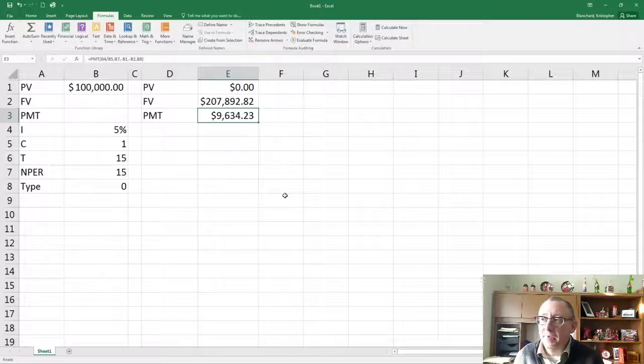Basically, my retirement that I'm going to get from this is going to be $9,634 per year during that time. So this would be a way to actually decide how much money you need when you retire. So that would tell you what that payment's going to be.